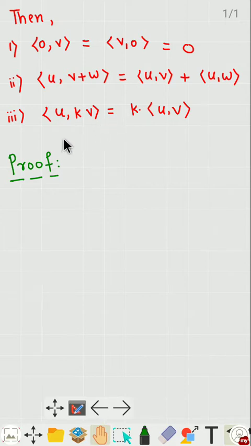And the third that we have to prove is that the inner product of u with kv is equal to k times the inner product of u, v.